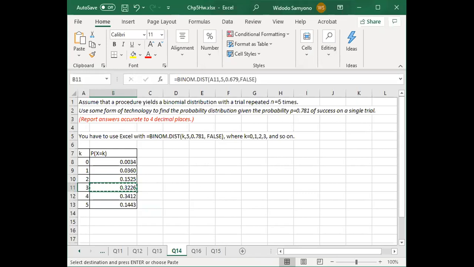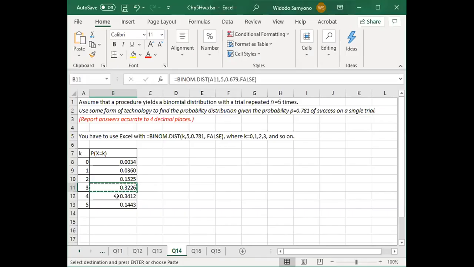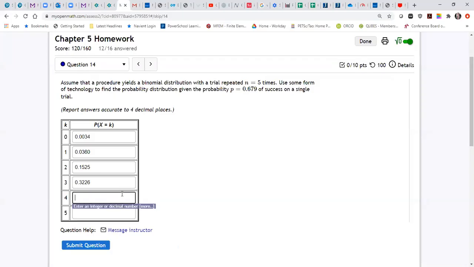Copy, paste it here. Copy, paste it here.